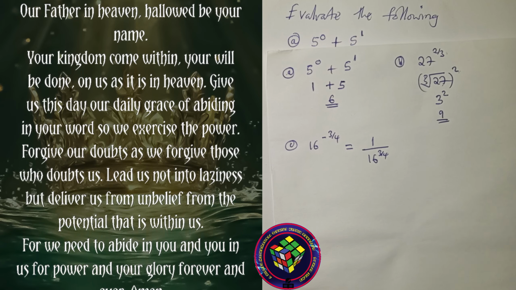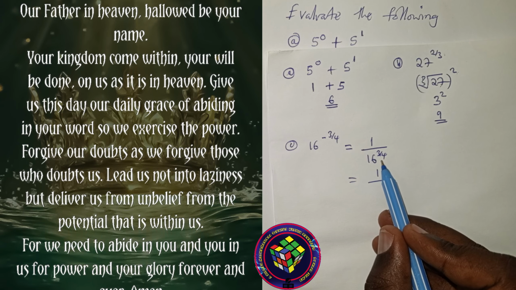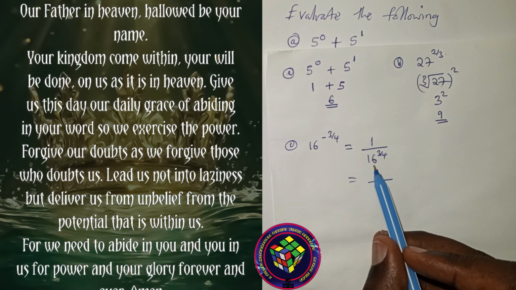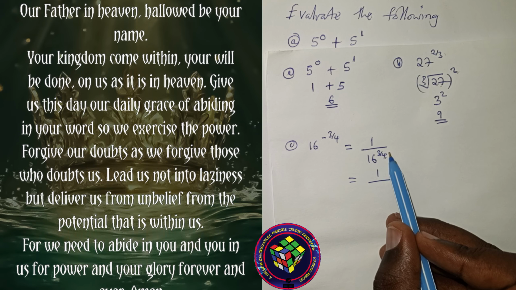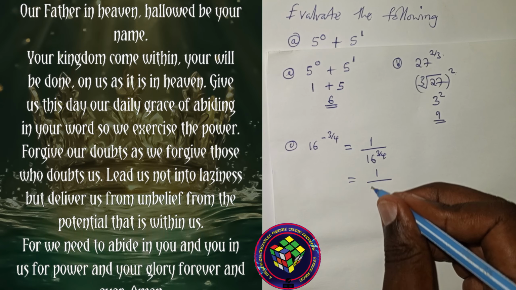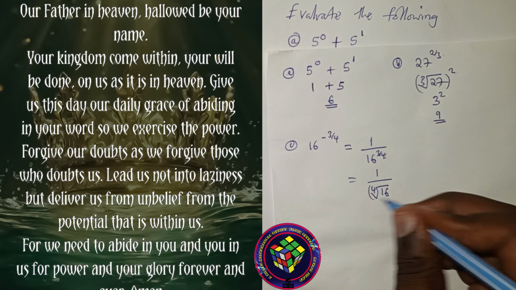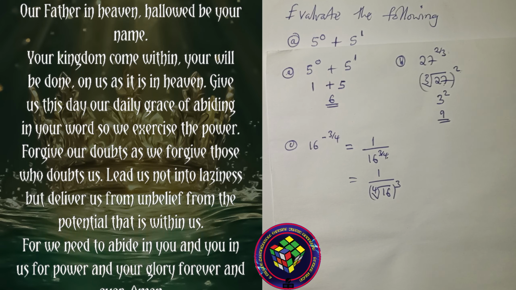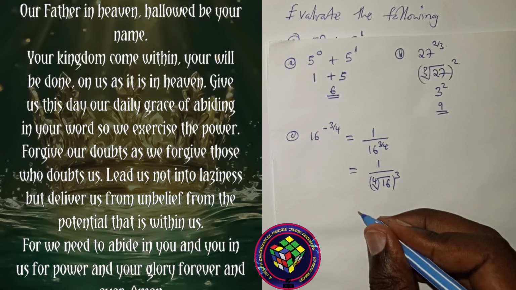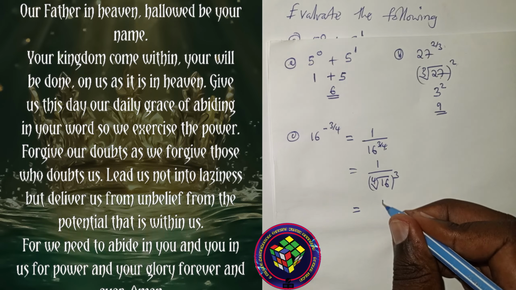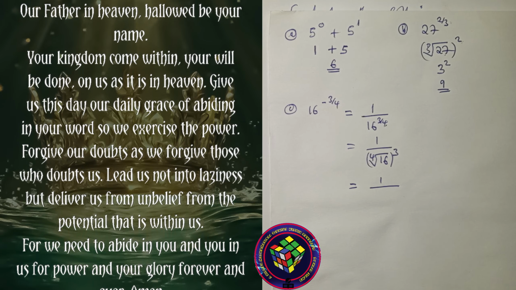Again here, we have a fraction power. We can see that there is 3 over 4. Since the denominator is the root, it will be 4th root of 16, then to the power 3. The numerator is the power. So this is equal to 1 over 4th root of 16.